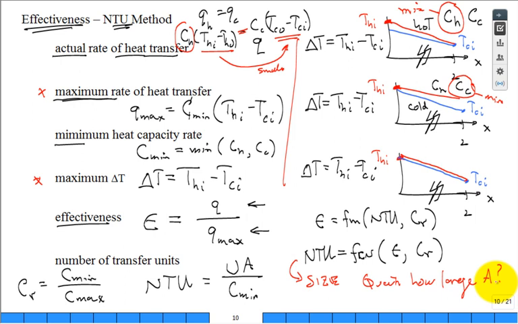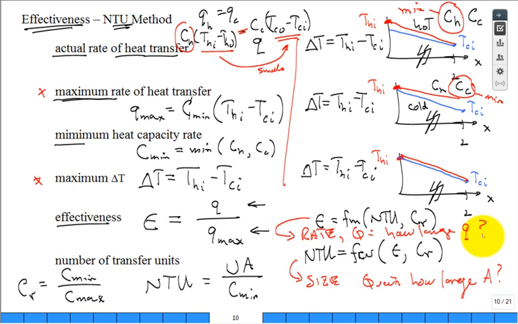The other problem is you're given a particular heat exchanger. Its size is already fixed, and you may know your inlet temperature streams and your flow rates, but what you want to do is rate it. You rate the heat exchanger, which is basically answering the question of how large of a Q can I accomplish in that heat exchanger.